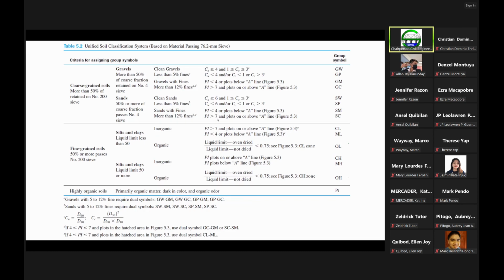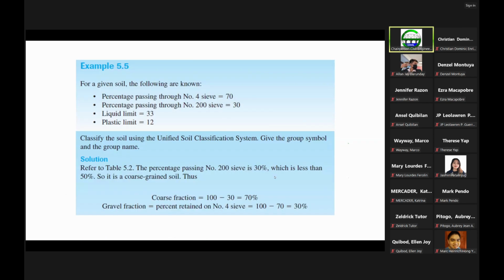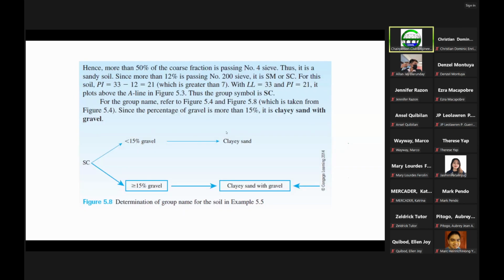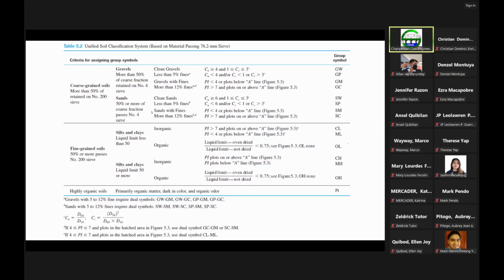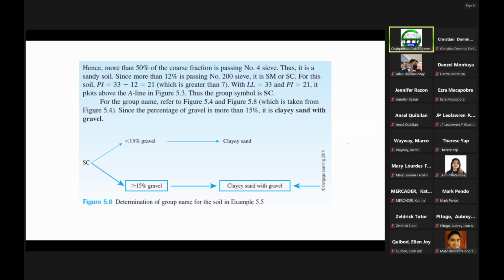That's 70% of the coarse fraction passing number 4 sieve. So that means we have a sandy material, so we follow this one here.